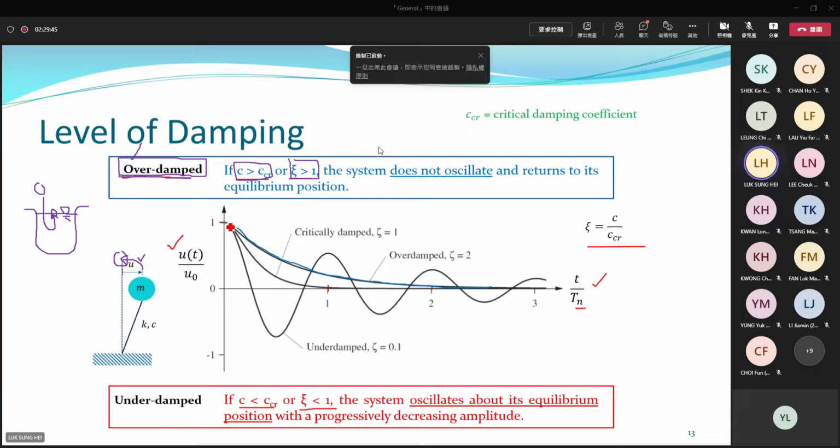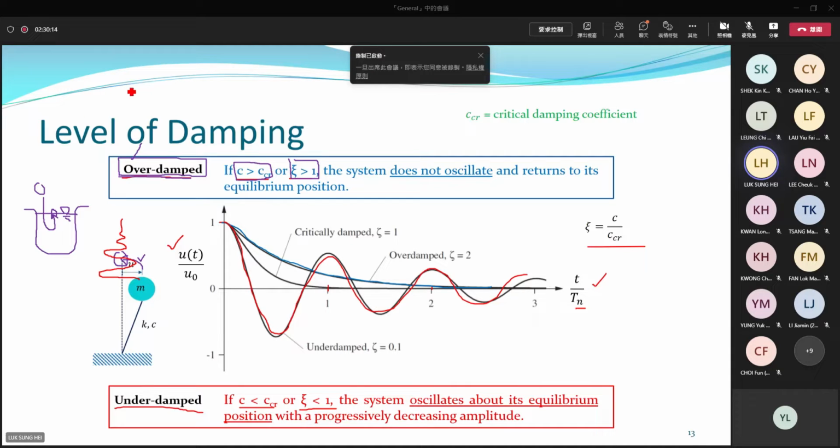Then in terms of the vibration mode, you will see vibration. The structure starts to oscillate back and forth about its equilibrium position. You start to see oscillations. The structure oscillates and then converges to 0. For an underdamped system, you will start to see oscillation, but the vibration amplitude decreases as time goes on.